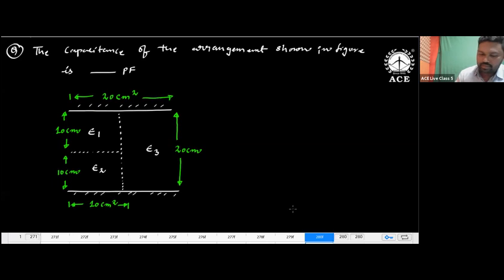These are the plates. And he has also given epsilon R1 is equal to 1. Epsilon R2 is equal to 2. Epsilon R3 is equal to 4.